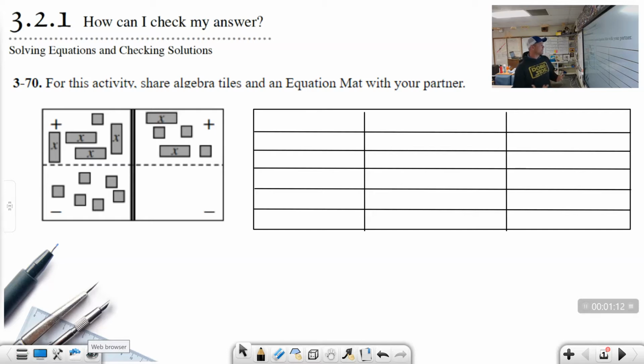It says, for this activity, share algebra tiles and an equation mat with your partner. We need to go through the work of doing legal moves and recording on our mat. The first thing we need to do in our math notebook is write down exactly what I see.